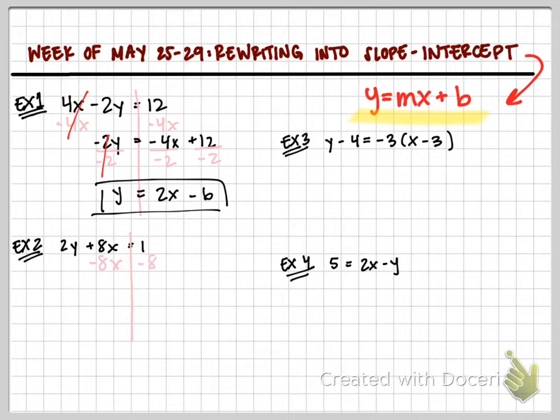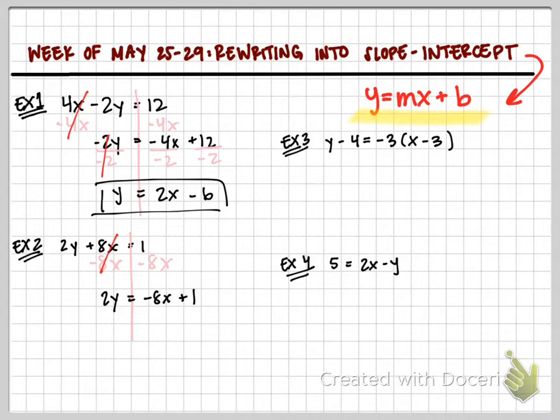And whatever I do to one side, I do to the other. Hopefully you guys can see that this will cancel now. So on the left side, I have 2y equals, and I'll put whatever has the x first, so negative 8x, and then plus 1. Again, you cannot combine them because they do not both have x's.